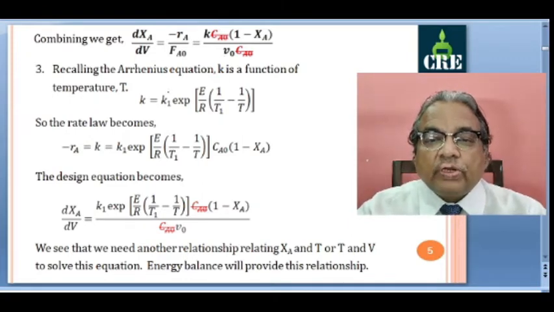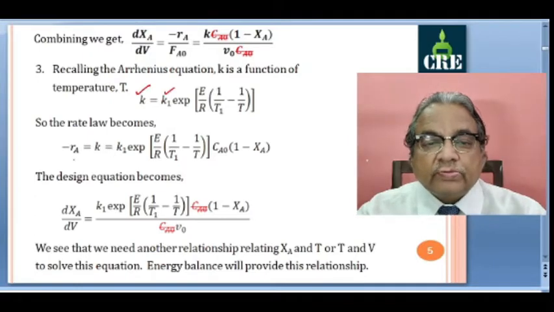Now the Arrhenius equation for the temperature dependence of this rate constant, let us say k1 at T1. So the rate constant is k1 times e raised to E/R into (1/T1 - 1/T), or if you write the minus sign inside, E/R into (1/T - 1/T1). So if you know the value, you can find out the rate constant at any temperature using the Arrhenius equation.